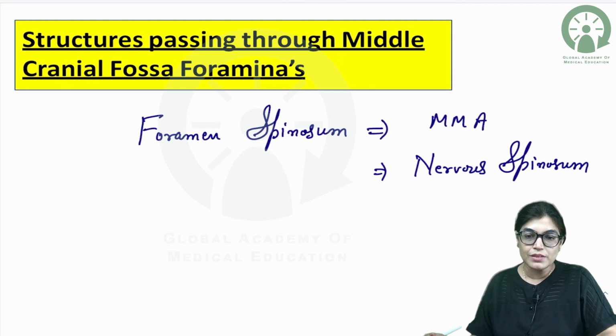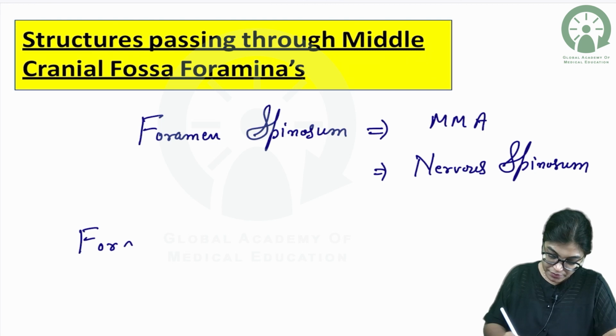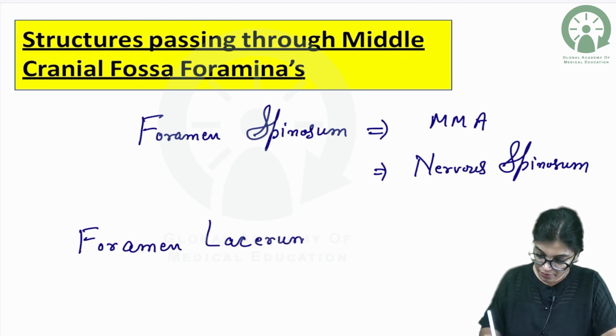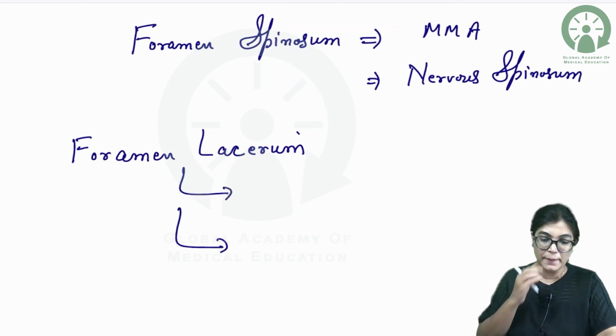Now, the structures traversing through foramen lacerum are the following.